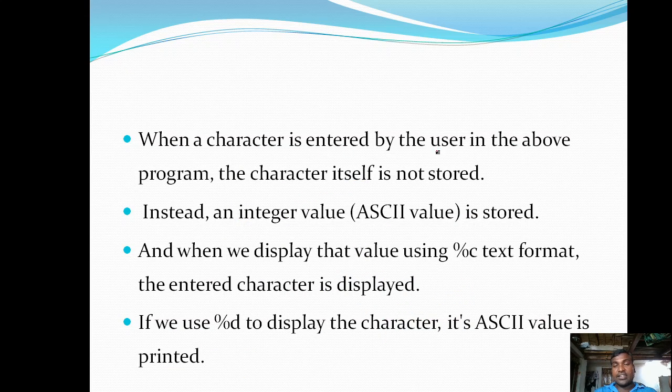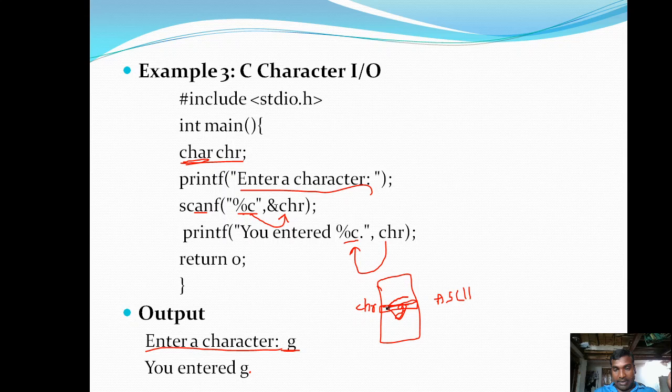When a character is entered by the user in the above program, the character itself is not stored. Okay, so here, just for representation purposes, to show how it will be stored in memory, I am writing G, but actually this G is not stored in memory. Instead of G, it is going to store some number, but on the display screen it is going to display the character. How is it happening?